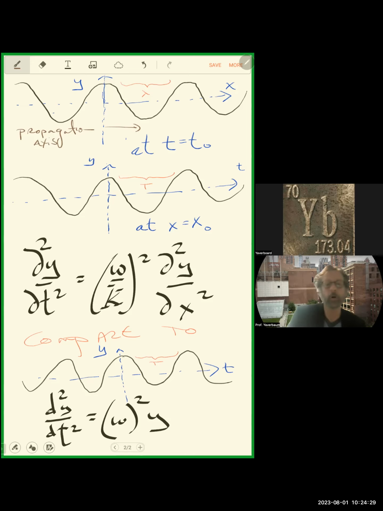Okay. All right. So what does this wave equation, this second order partial differential equation, mean? First of all, remember, when we created wave pulses, a wave pulse is something that actually cannot be fully captured in one two-dimensional graph, right?